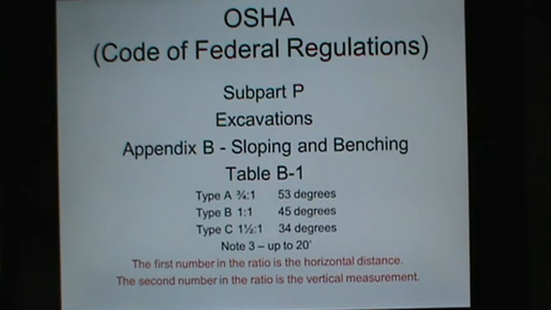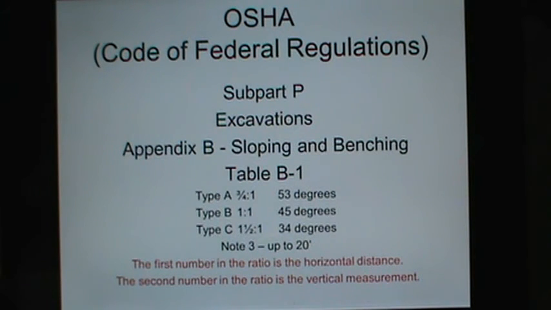You might want to hit the pause button here because I'm getting ready to give you the answer. If you said 7.5, you got it right, because 7.5 is 3/4 of 10. So a 10-foot deep trench or pit in type A soil, you would have to go horizontally 7.5 feet to meet OSHA guidelines, or use a trench shield, of course.